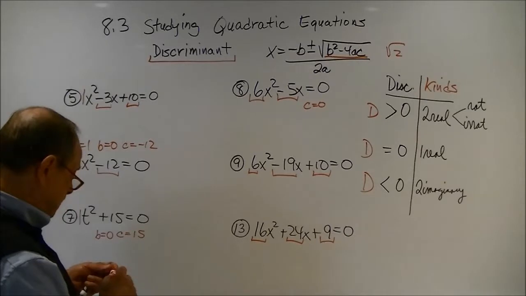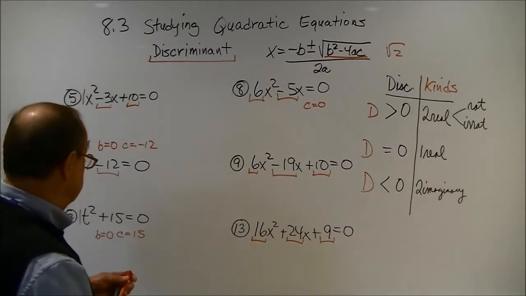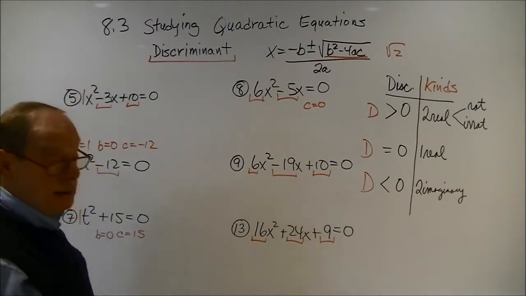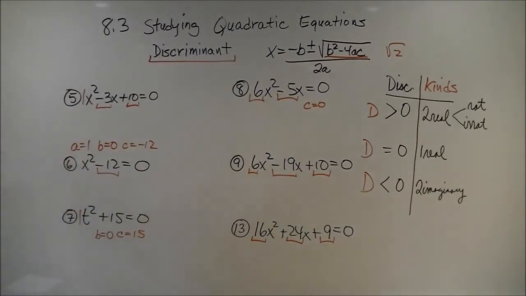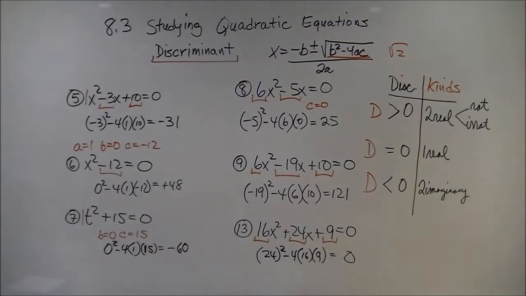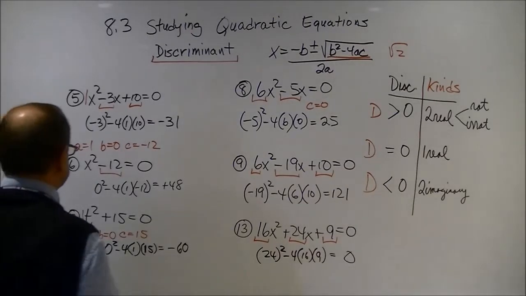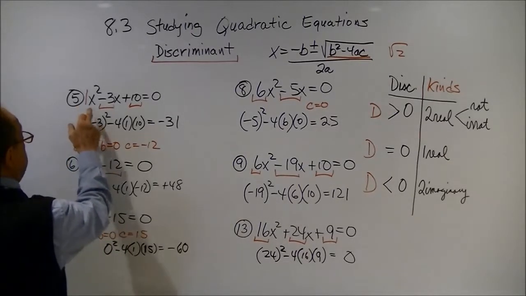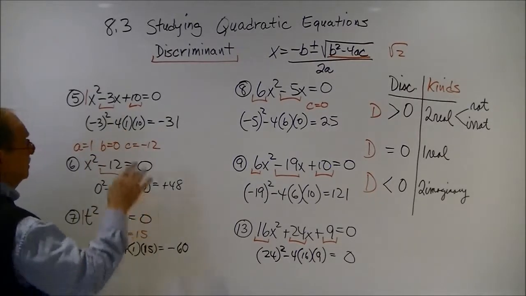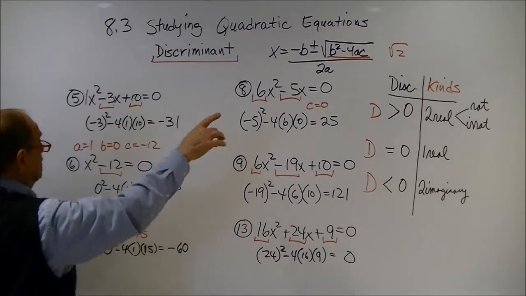All right, so what I'll do is I'll keep this short. I'm going to write the discriminant for each of these, and then let's see what we get. Okay, so what I did is I took my A, B, and C, put it into the discriminant.